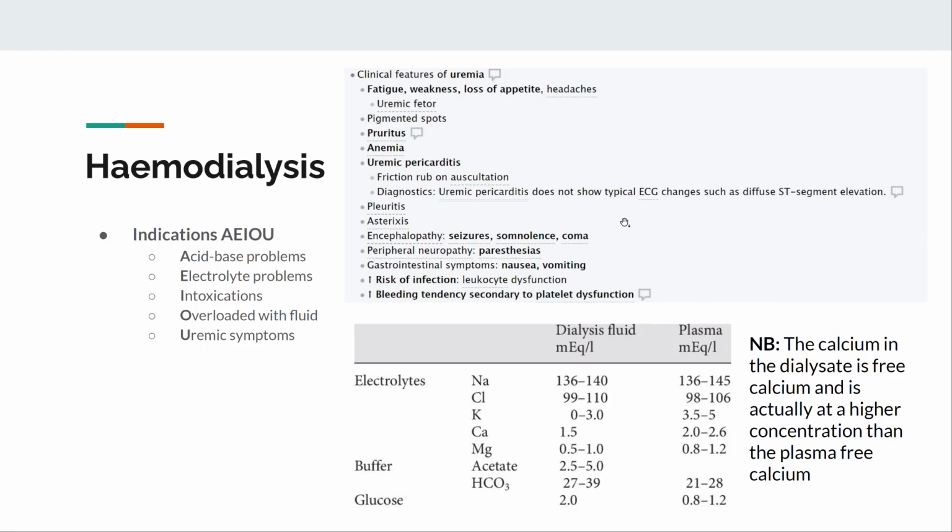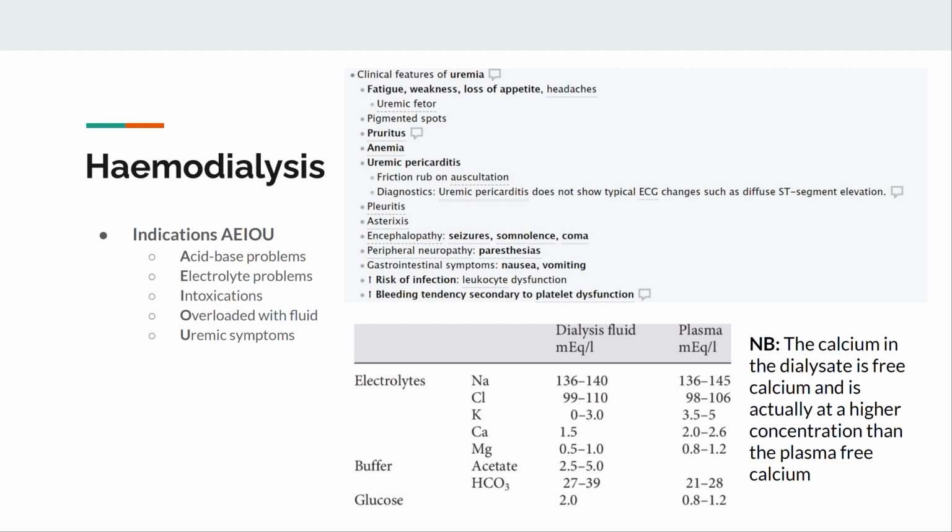Talking about hemodialysis quickly, when someone has symptoms of uremia, that's an indication for hemodialysis. But the other basic ones, you can reason them out, and you can remember them with this AEIOU acronym. Acid-base, electrolytes, especially hyperkalemia that's become significantly high.